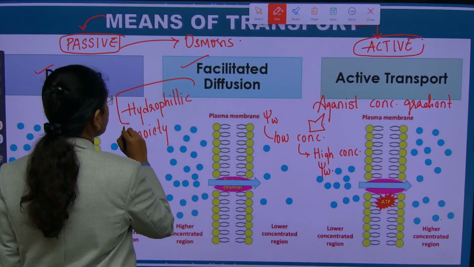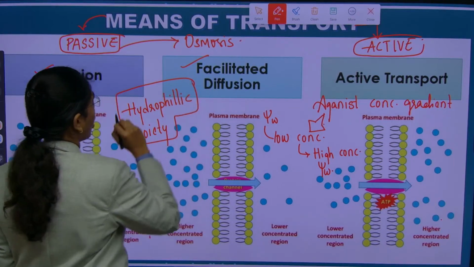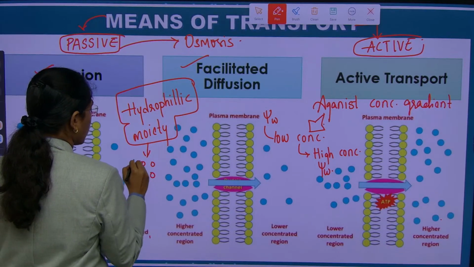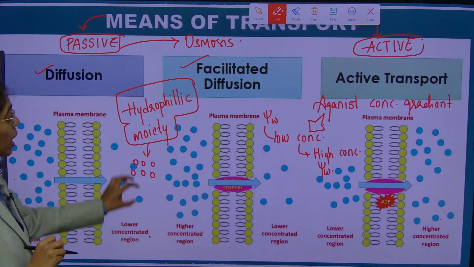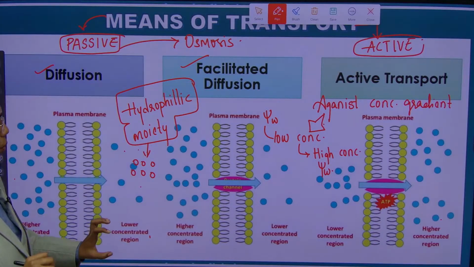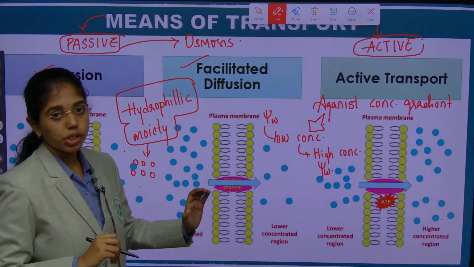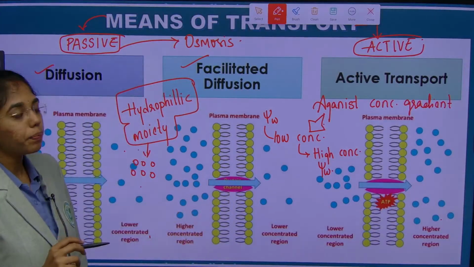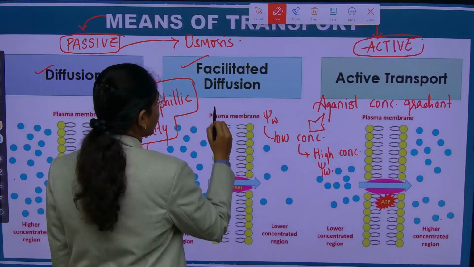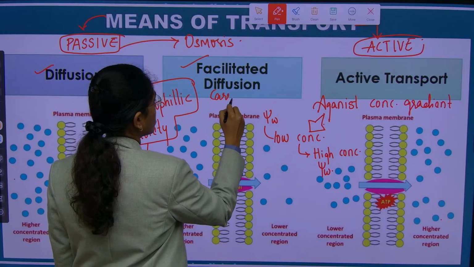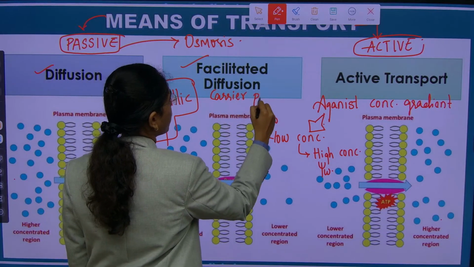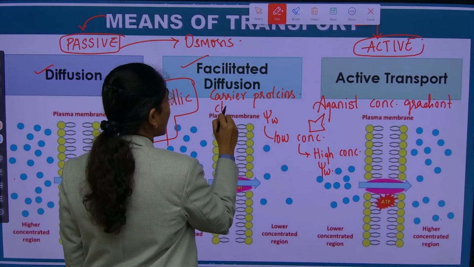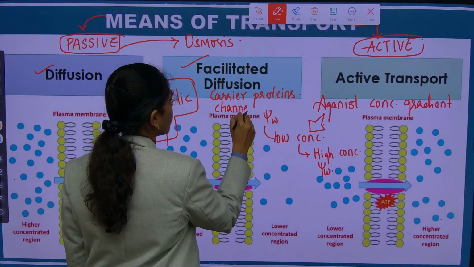Those molecules which have a hydrophilic moiety, which are polar molecules like this, will be transported across the concentration gradient by some carrier proteins or channel proteins. We call them carrier proteins or channel proteins.